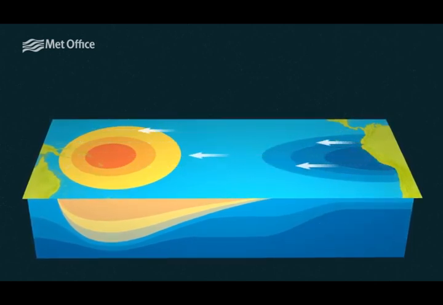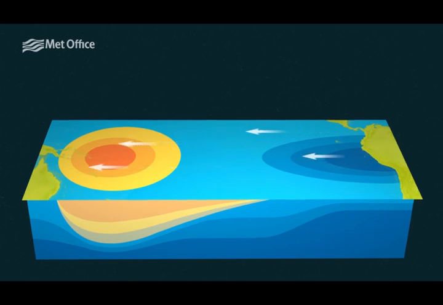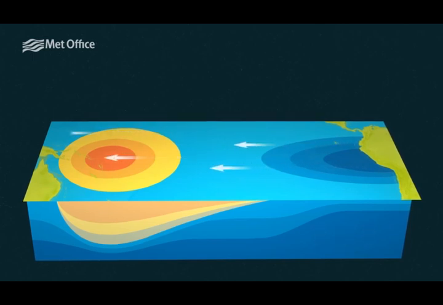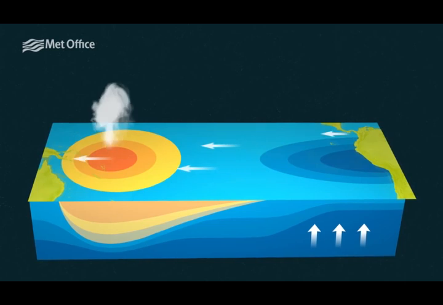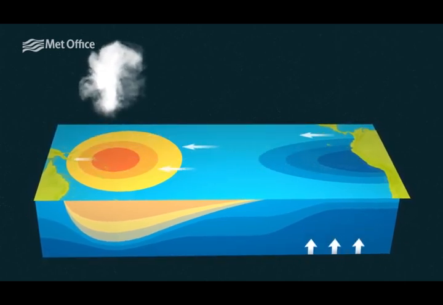This creates a temperature difference across the tropical Pacific, with warmer water piled up in the west and cooler water in the east. Warmer water adds extra heat to the air, which causes the air to rise with more vigour, and it's this rising air that creates an area of more unsettled weather, with more cloud and rainfall.